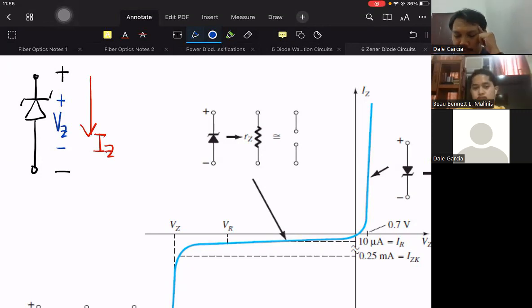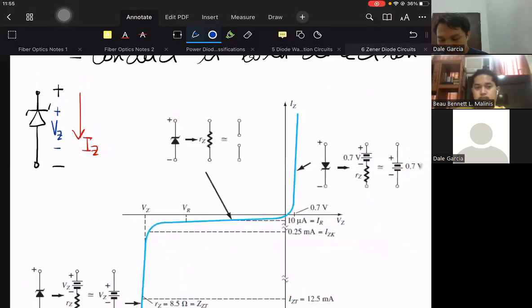So the only difference of this diode is the position of the symbol. Current will still flow downward. The polarity will still be plus minus, but the symbol is upward. Okay? So there is no difference in terms of initial analysis.